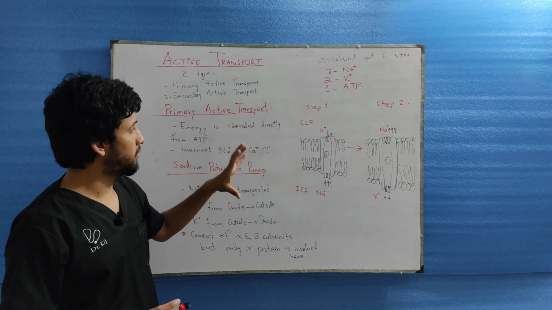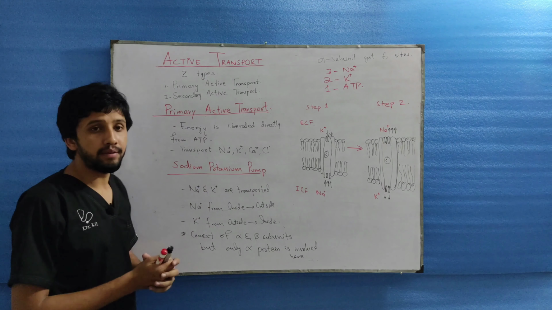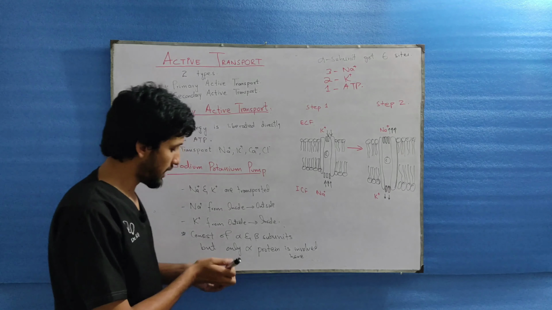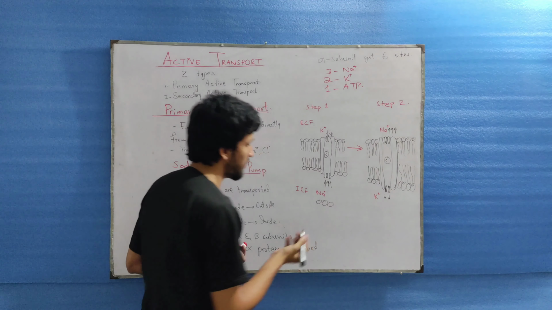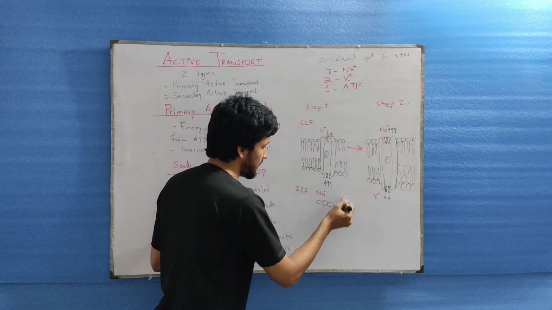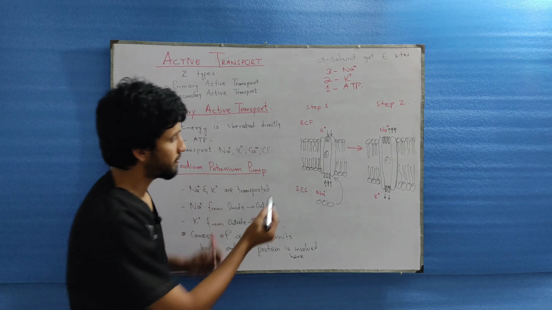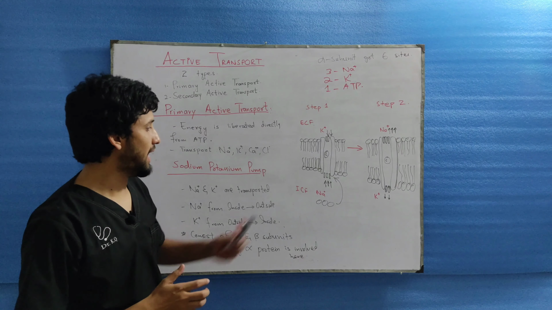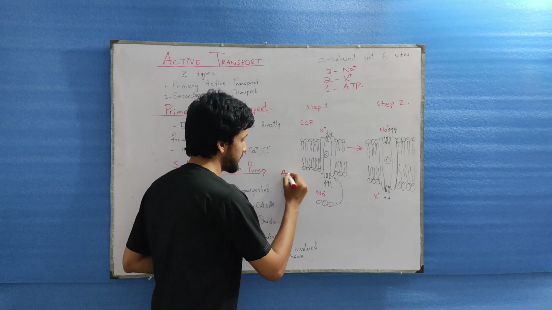So what is the working of this sodium potassium pump? These are the sodium ions which are present inside of the cell. When these ions come in contact with these receptors present inside of the cell toward the cytoplasm and get attached, they activate the enzyme called ATPase.